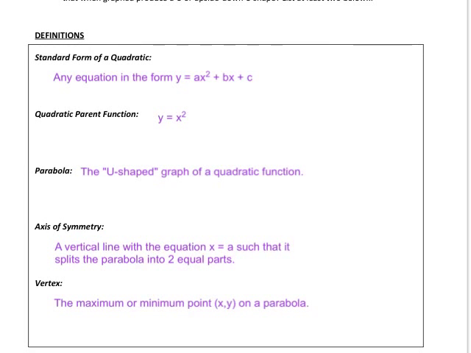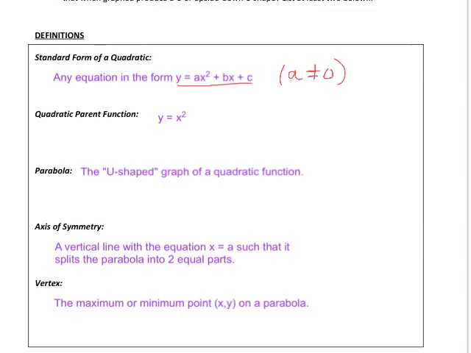Please stop the video if you need to and copy down the vocabulary definitions here. So we have the standard form of a quadratic. It's any equation in the form y equals ax squared plus bx plus c. And I want to add to that a cannot equal 0.